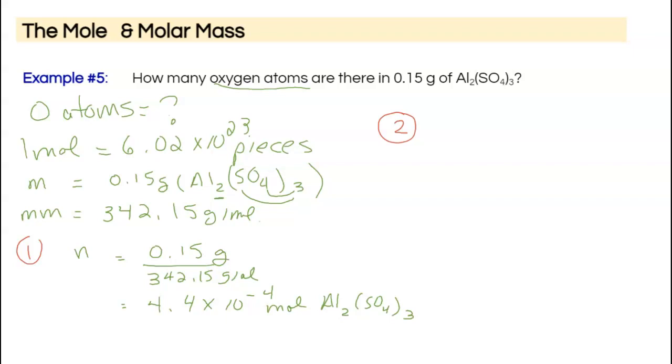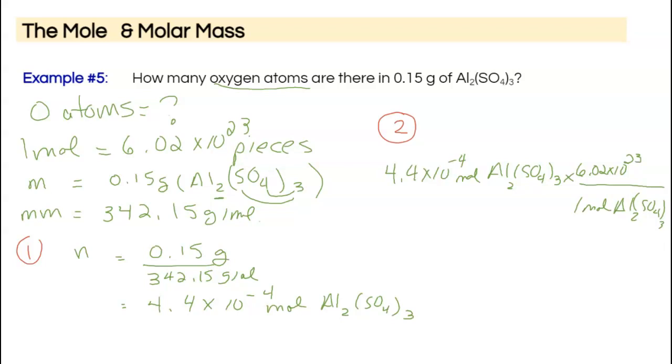So I have 4.4 times 10 to the negative 4 moles of aluminum sulfate. And I know that 1 mole of that substance has exactly 6.02 times 10 to the power of 23 formula units of that substance.